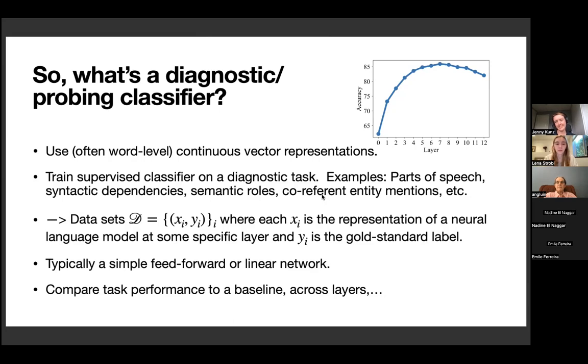So intuitively this is where you assume the linguistic information necessary to solve this diagnostic task is best found in the model, or which is, for example, the layer that specializes in information that is useful for this task.